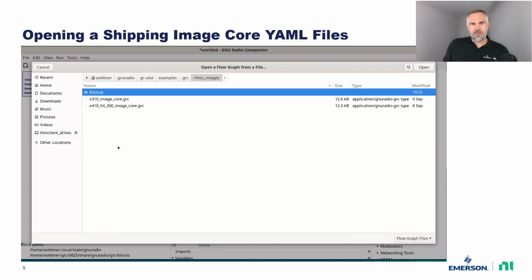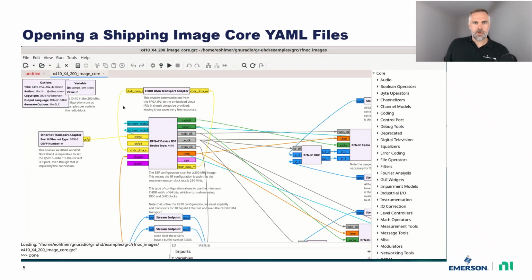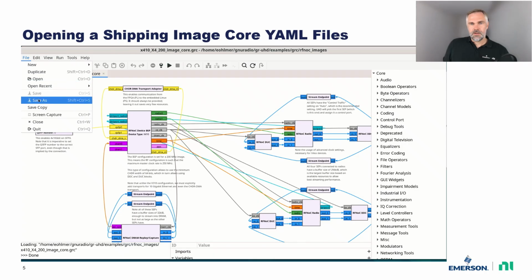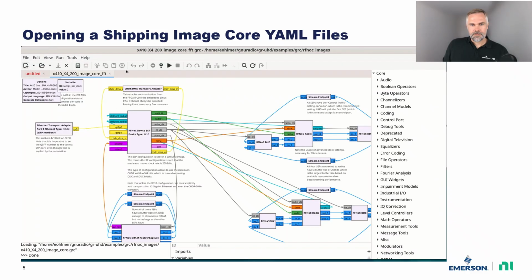At this point, we provide two designs out of the box that can be used as a starting point, one for USRP X310, and one for X410. As we want to modify the standard design, let's first create a copy of that. And next, let's open the copy for editing.